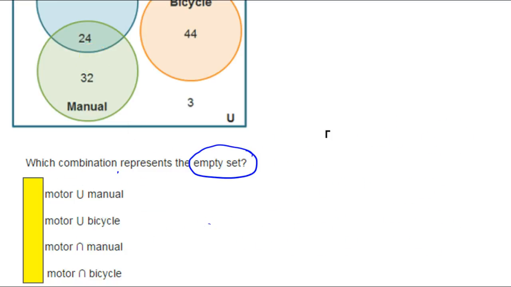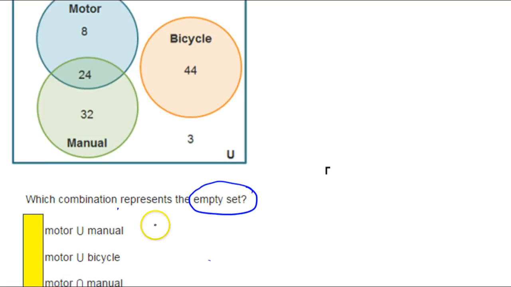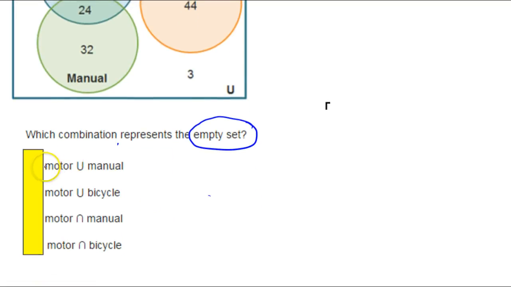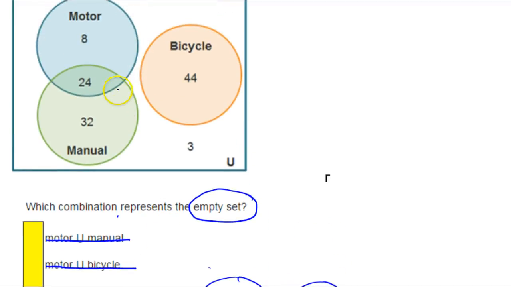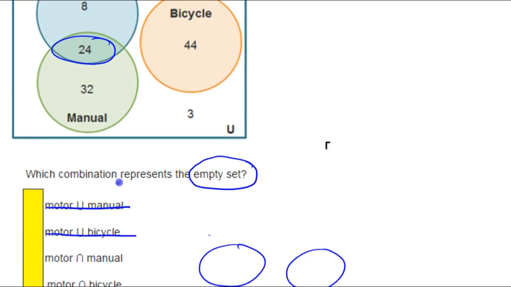Since we already know that none of these sets are empty, union is not going to get it for us. So it's not going to be this, it's not going to be this. It's going to be one of these. So let's look for the one where the two sets are not touching. Motor and manual? Well, those are overlapping, so the intersection would be 24.